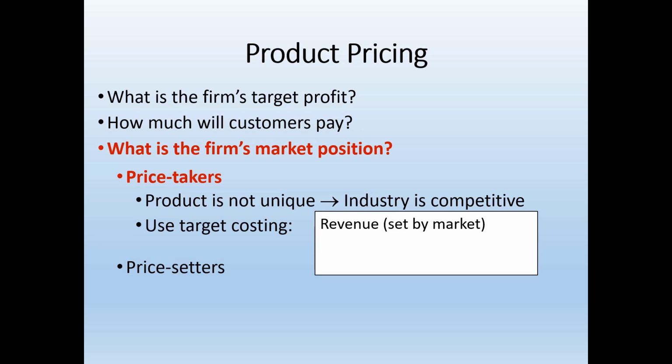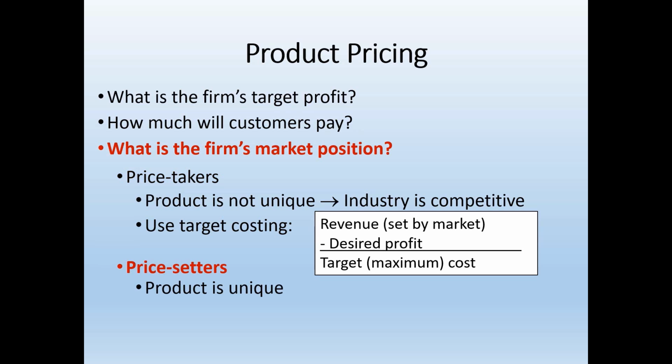That means starting with the sales revenue, which is set by the market, and subtracting out the desired profit. That leaves the target cost, the maximum amount that the firm can spend to offer that product at the selling price set by the market and still achieve its desired profit.